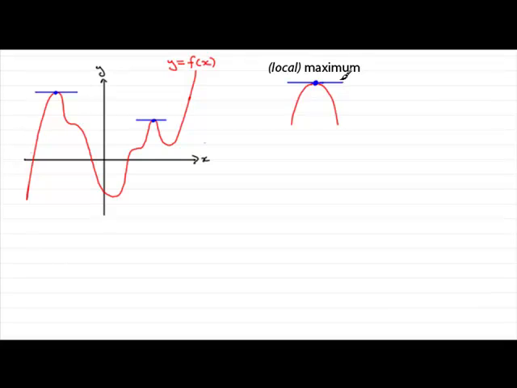Now let's have a look at some other stationary points. This one down here. If you drew the tangent parallel to the x-axis, its gradient would be 0. And you've got another similar point to this one on the curve. It's over here. And points like this are called minimum points.